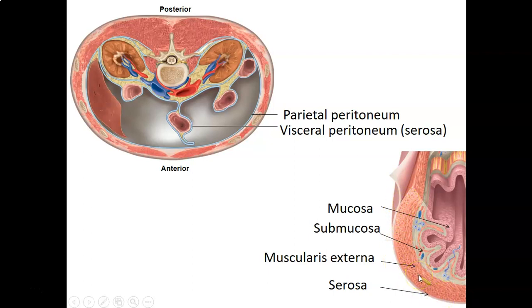And so that's actually showing you the two different layers of the muscularis externa that is found along most of the digestive tract, from the esophagus, small intestine, large intestine. You're going to see two layers. They're called the circular layer and the longitudinal layer. This layer on the inside is the circular layer.